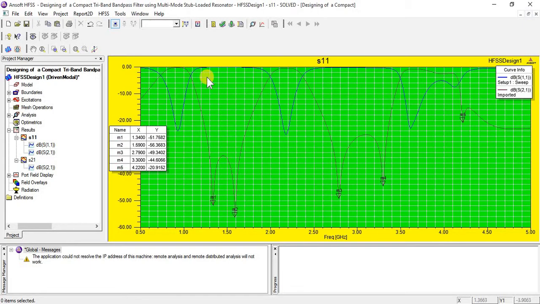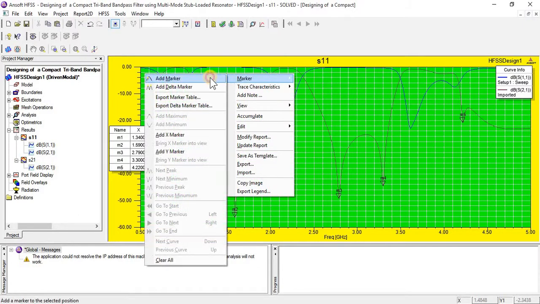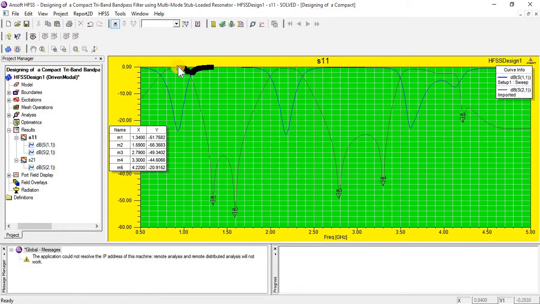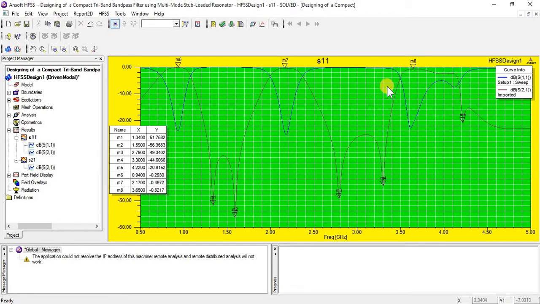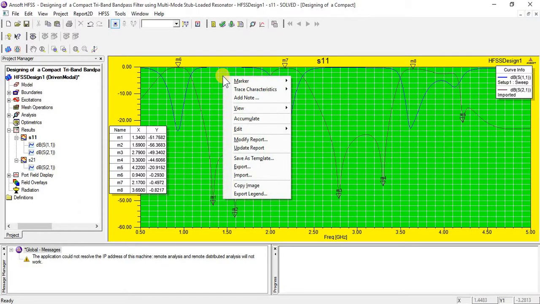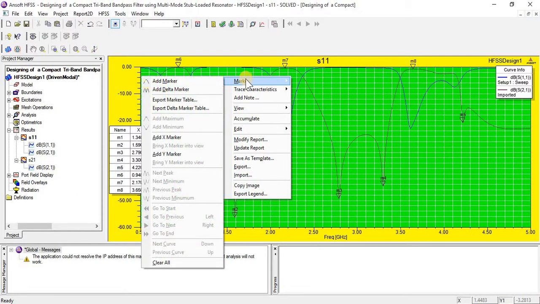Now I am going to mark the insertion losses. Now I am going to mark at -3 dB for fractional bandwidth.